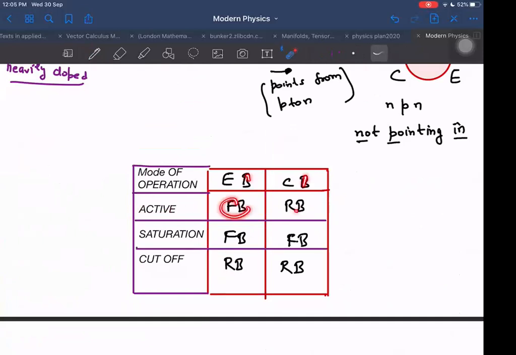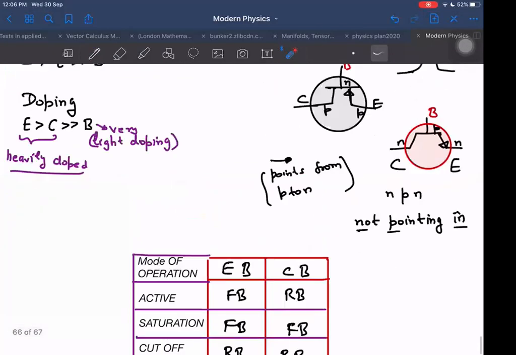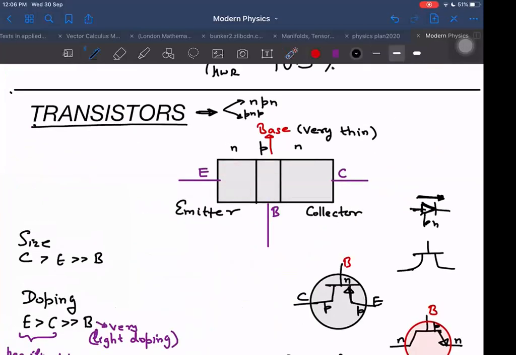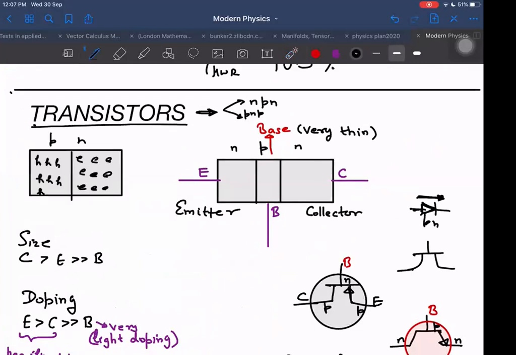When both are forward bias it is saturation, when both are reverse it is cutoff, and otherwise active. There is not much difference, but it may change the beta slightly. If electrons go back, what do you expect?